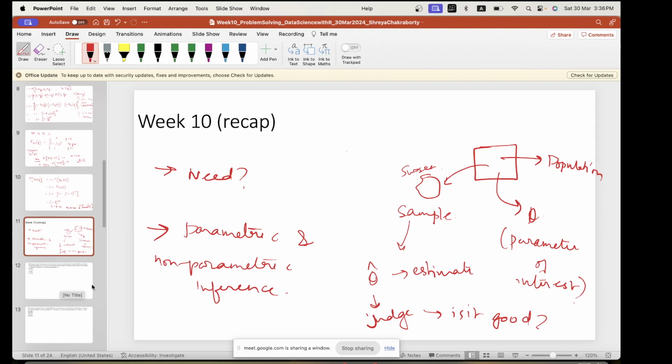If we do any parameter-free inference, where we are not assuming that our parameter of interest has an underlying distribution, then it is called non-parametric inference.